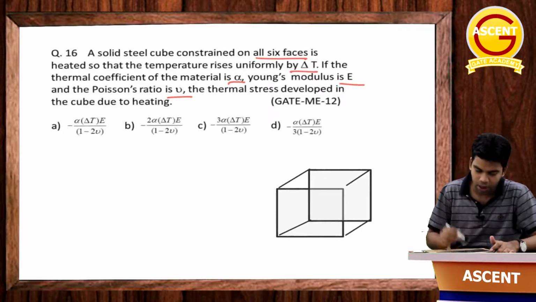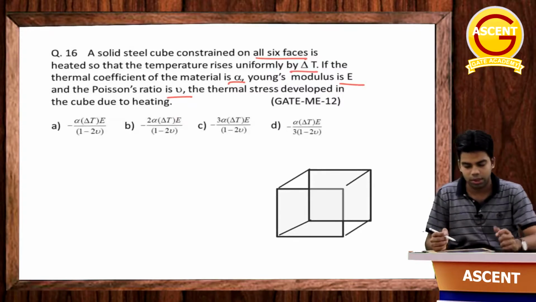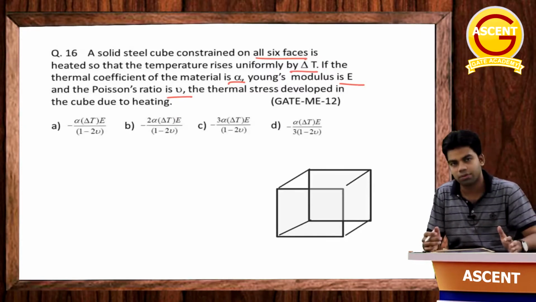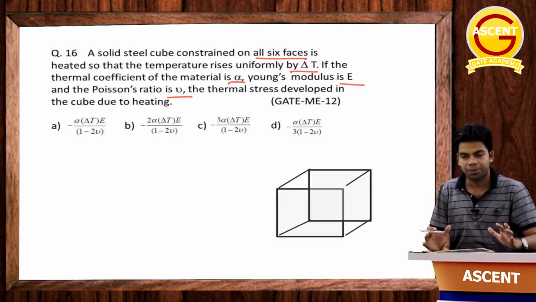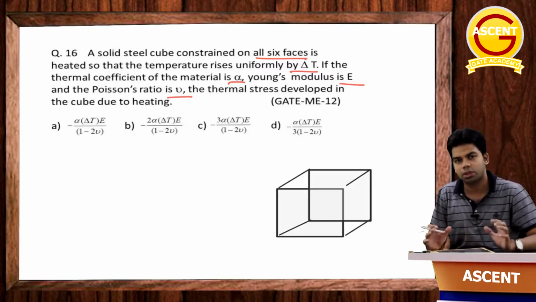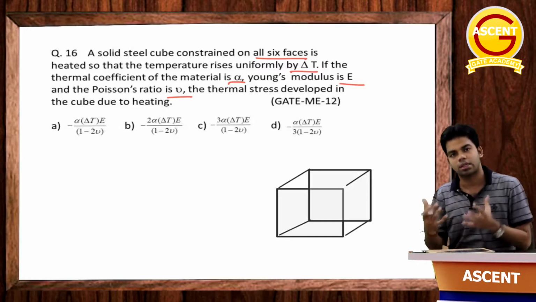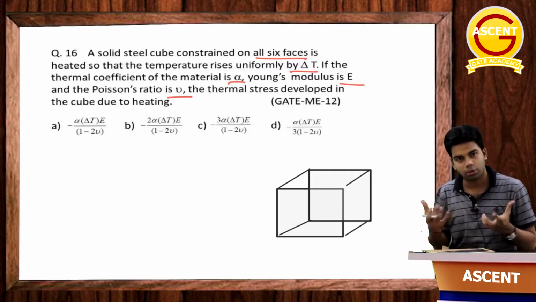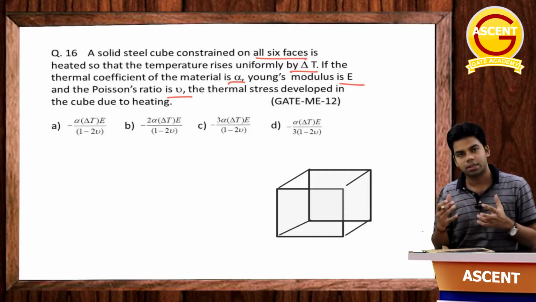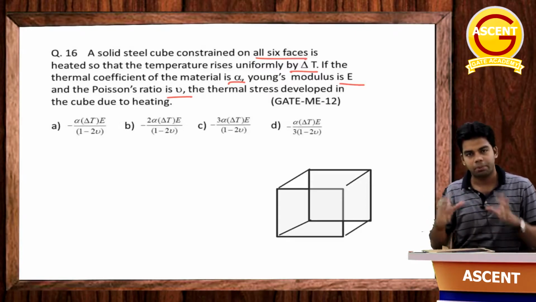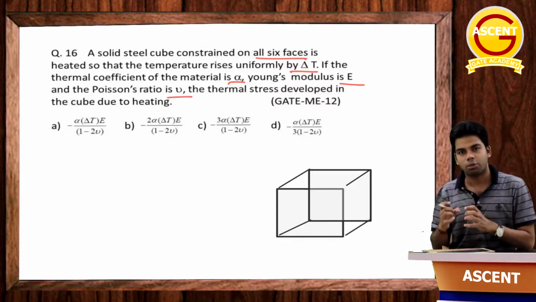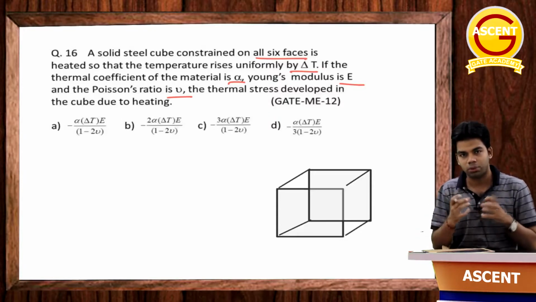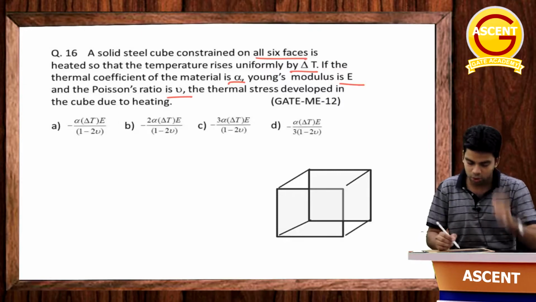Okay. And now it is constrained from all the faces, and the temperature is now increased. So what will happen when the temperature of this solid cube increases? Because this is constrained from all the faces, this is packed from all the faces. So when the temperature increases, it will tend to expand, but because that is constrained from all the ends, the supports will apply the force on all the ends.